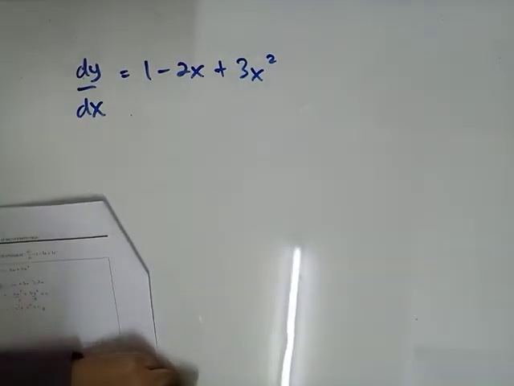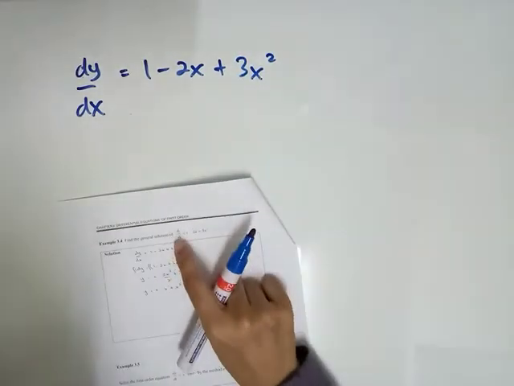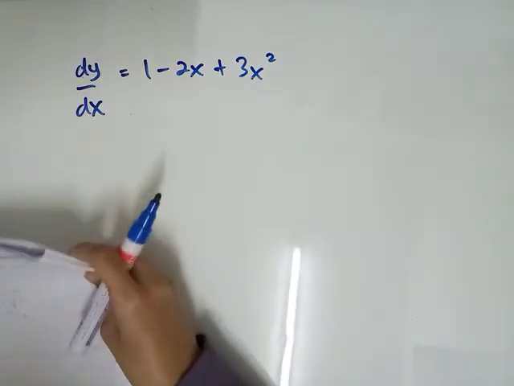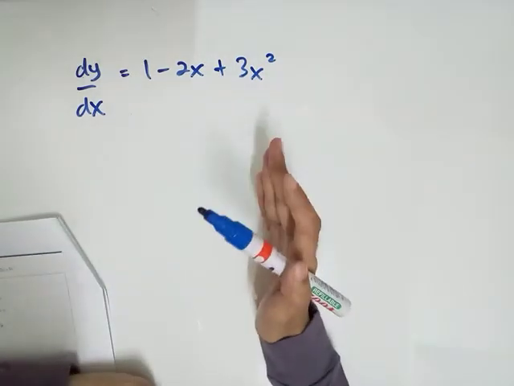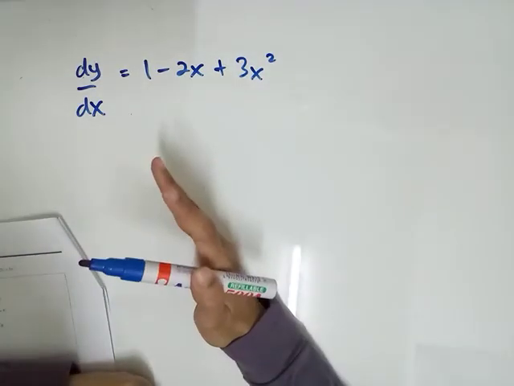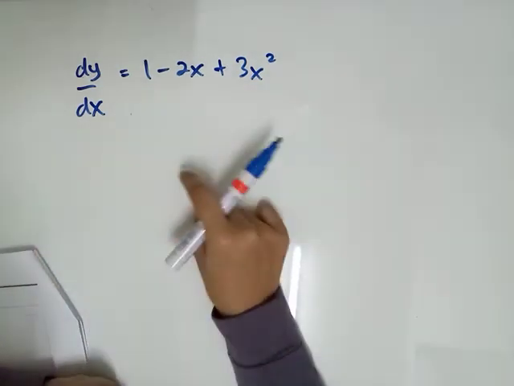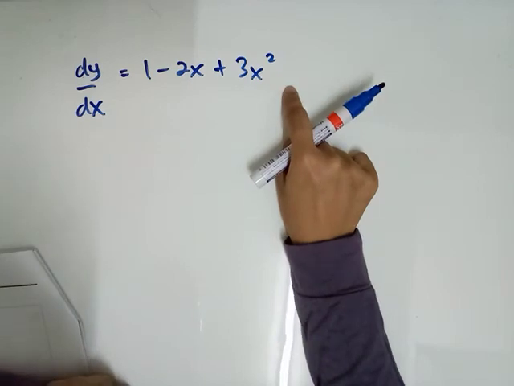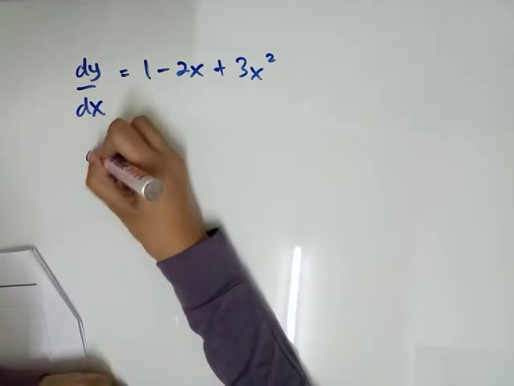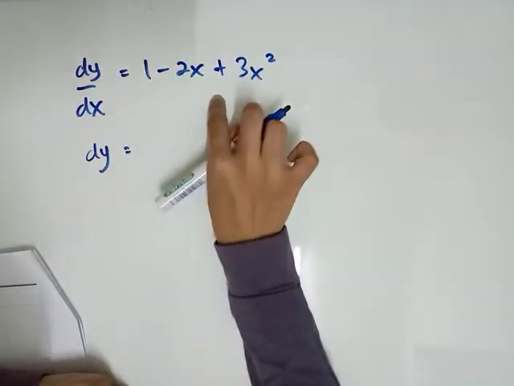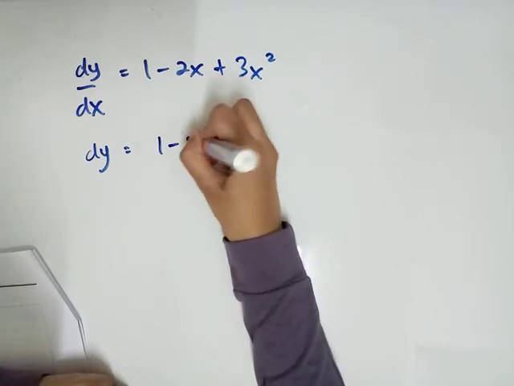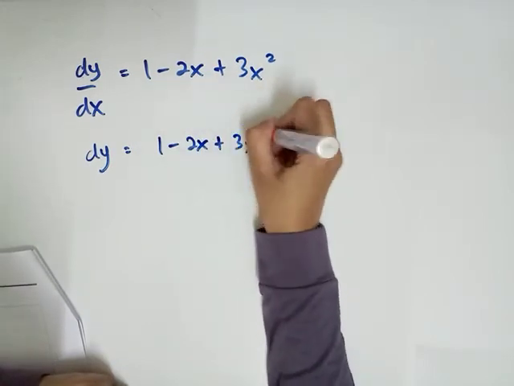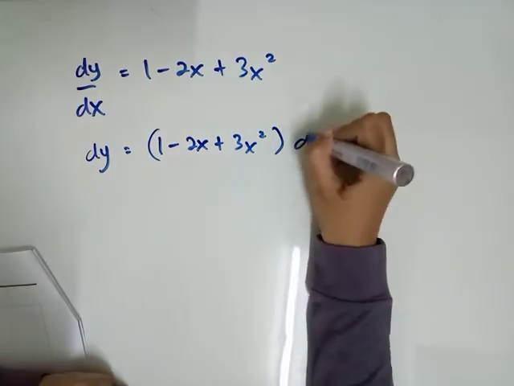Soalan dia minta apa? Find general solution. General solution tu that means we need to make y a subject lah, macam tadi. So, kita tak ada variable y, right? Then, dy, it is fixed. Dx move to the right. It will become 1 minus 2x plus 3x square dx.